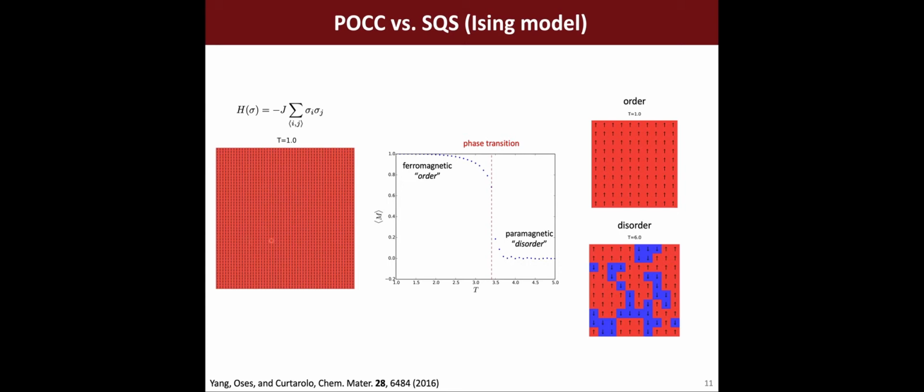Okay, so what do we have here? The Ising model. We have here a term in our Hamiltonian, which associates or gives benefit to neighboring spins that are either aligned or anti-aligned, depending on whether you have a ferromagnetic or an anti-ferromagnetic material.